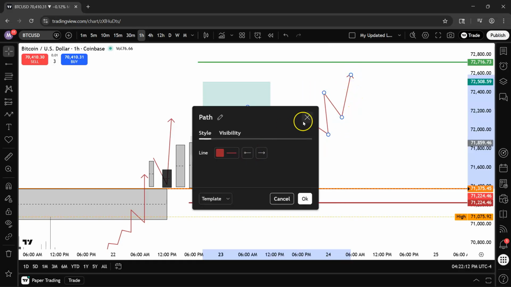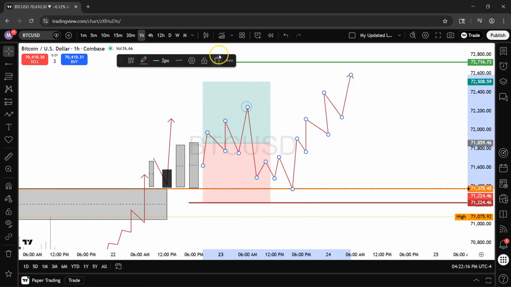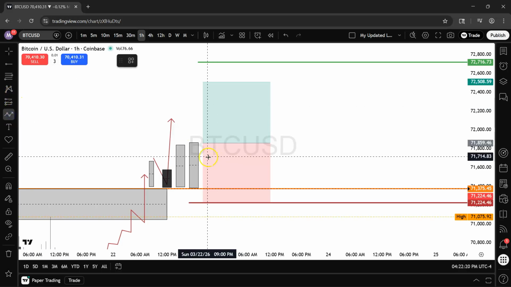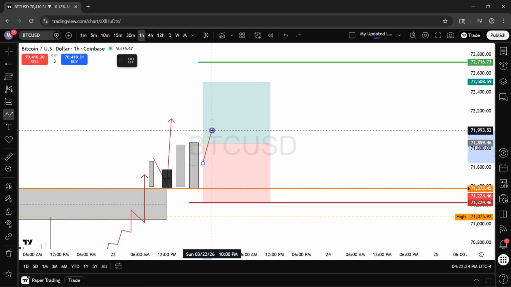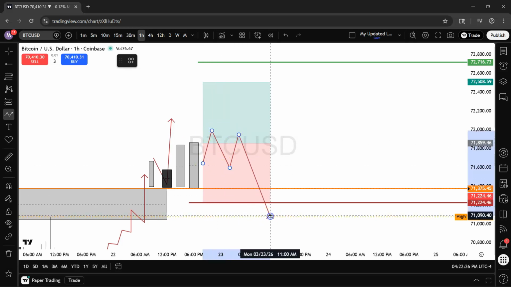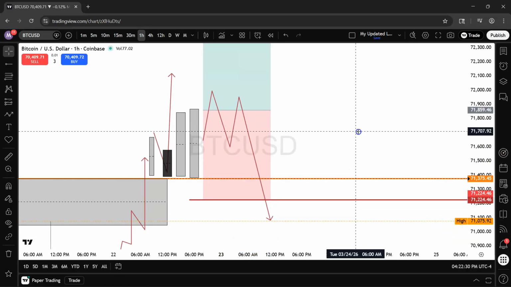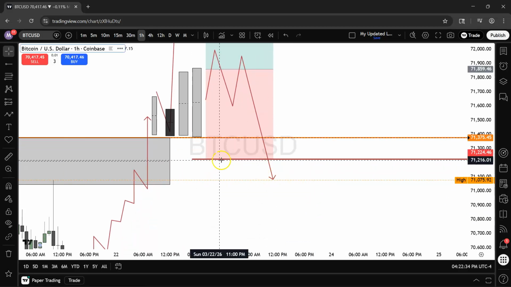It could do that. So the market is very unpredictable, but all we can do is trade based on probabilities. You may do this, and then boom, it hits your stop loss. And that's the risk we take. That's why you always set your stop loss.